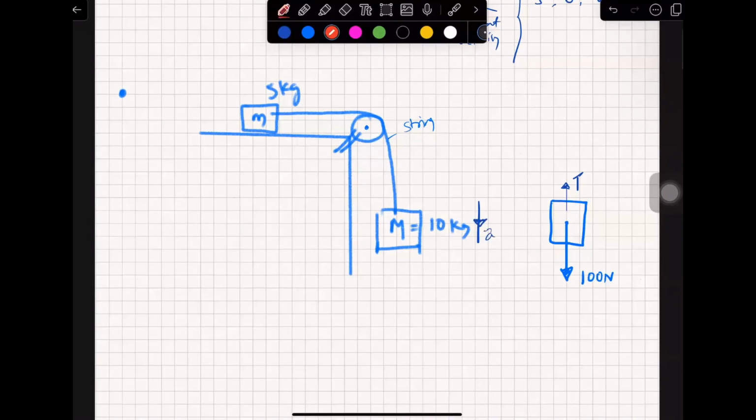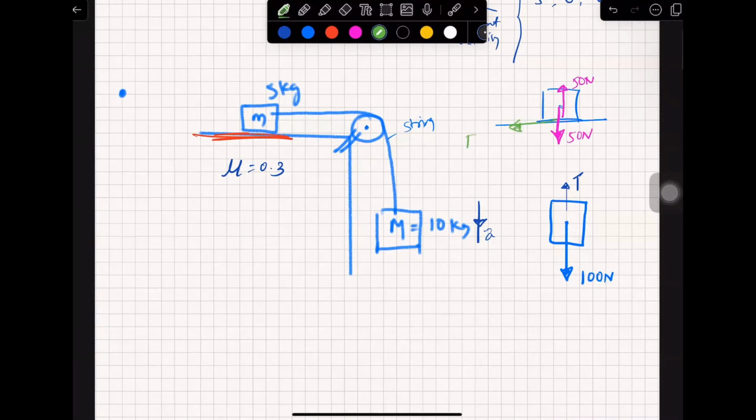Now there will be friction as well between this mass and the surface. So if I give you, let's say, a mu value of 0.3, then I'll be able to think about the frictional force on this 5 kg object. So on the 5 kg object, there'll be a weight force of 50 Newton. Then there'll be a normal reaction of 50 Newton. And there will be a frictional force which will be backward.